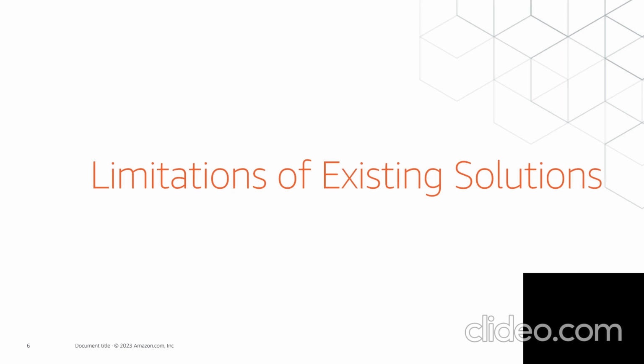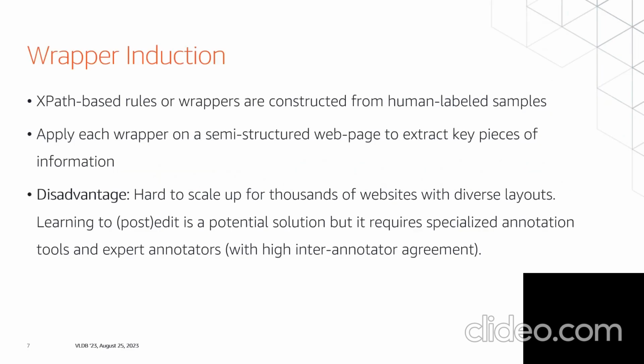Before we move on to our contributions, what are some of the existing solutions and what are their limitations? One of the go-to approaches for web extraction at enterprise scale has long been wrapper induction, where XPath-based rules or wrappers are first constructed from some human-labeled samples, and then those wrappers are applied one by one on a semi-structured web page to extract key pieces of information.